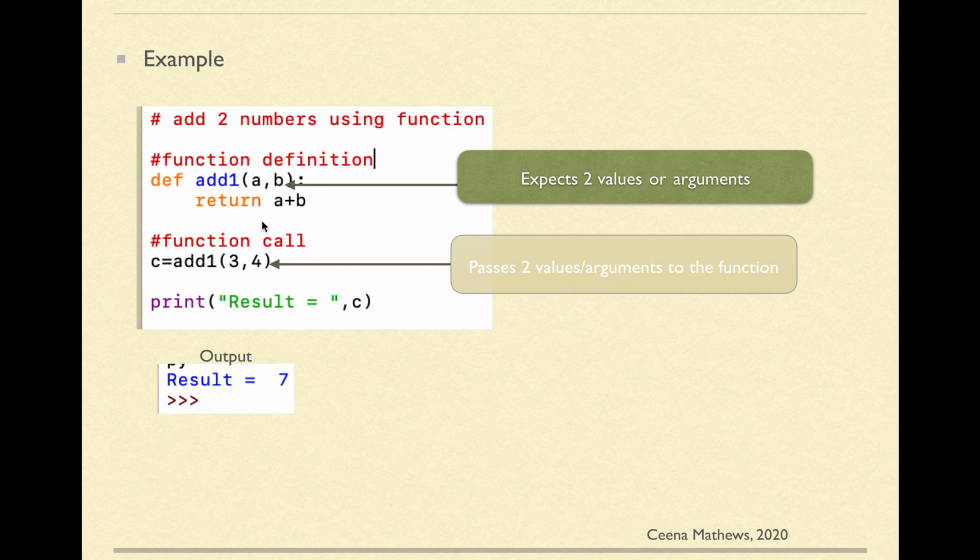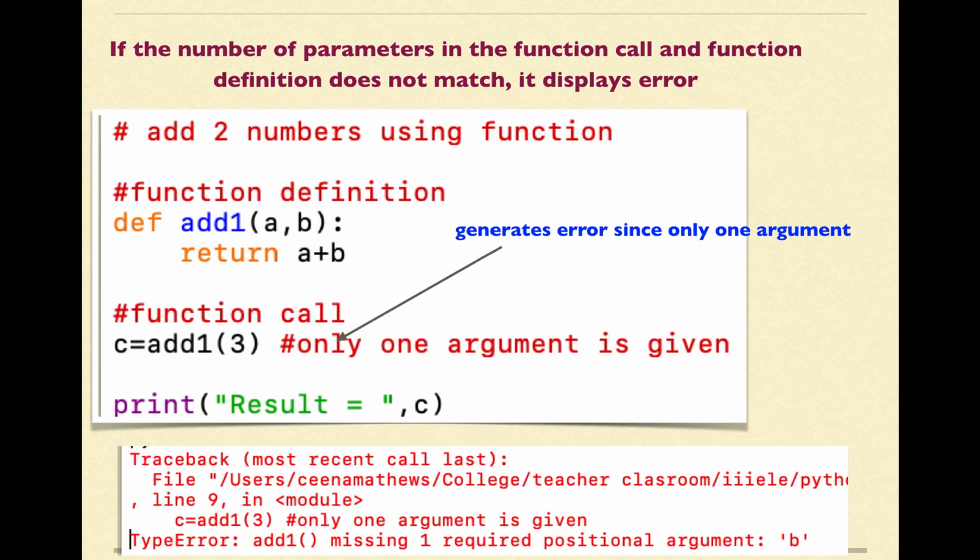Here the order and number of arguments should be the same. In the next slide we'll see what happens if we don't give the required number of arguments. If the number of parameters in the function call and function definition does not match, then it displays error.